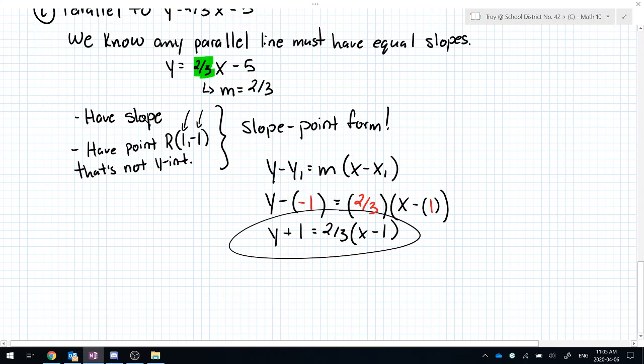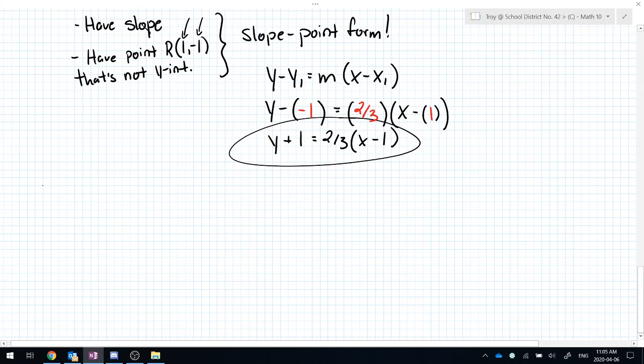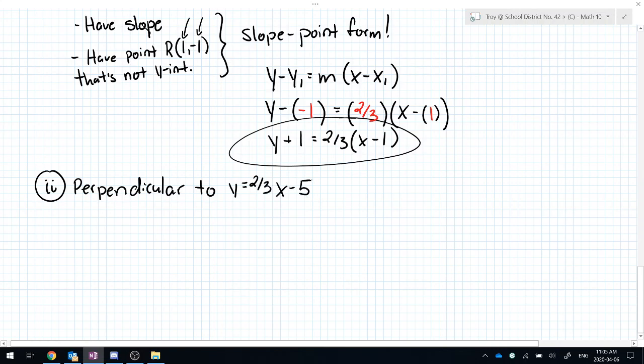All right, and let's do the second half. So it still has to go through the point r at 1, -1, but it must also be perpendicular to the line y equals 2/3 x. So same line, but this time it has to be perpendicular.